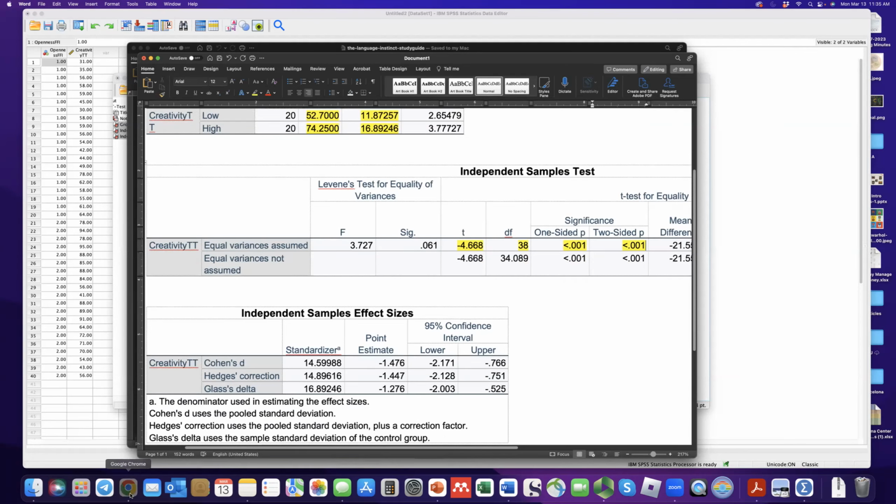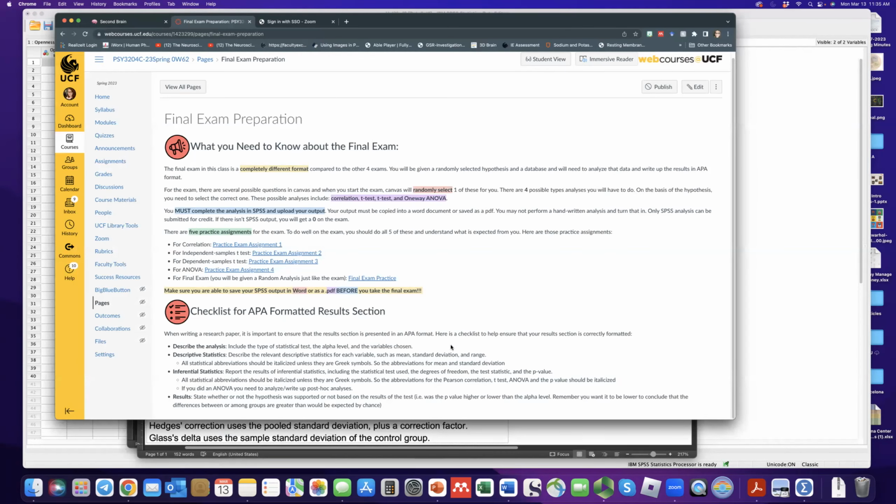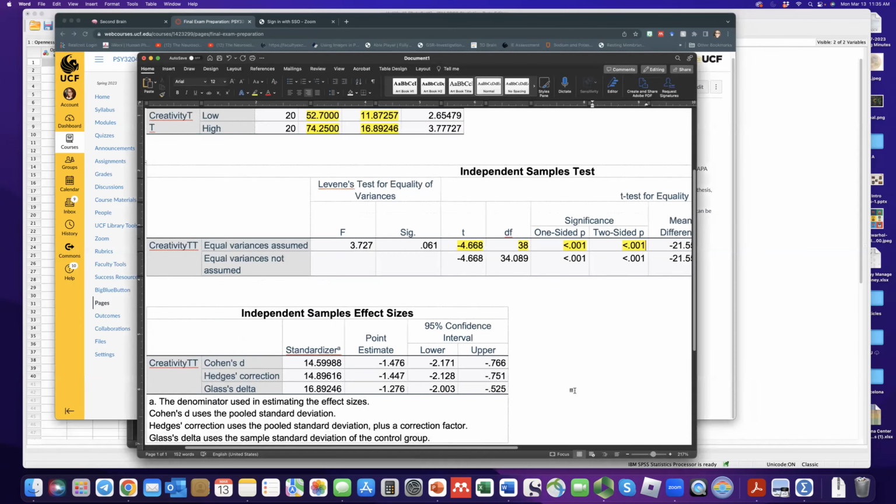So let's go to the checklist. And so the first thing you're going to do is describe the analysis.